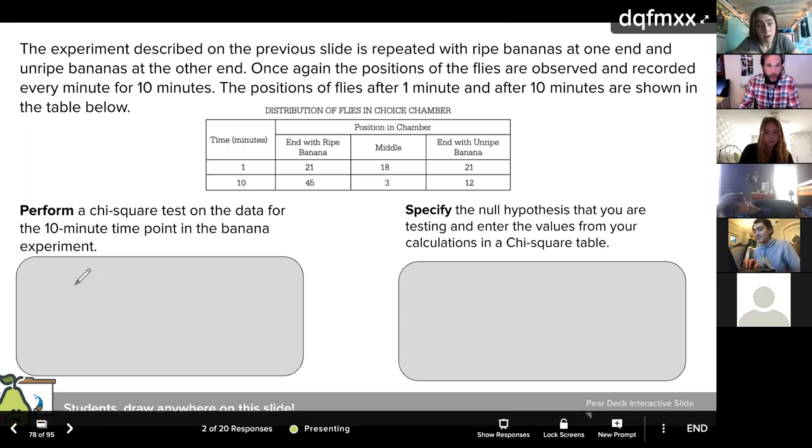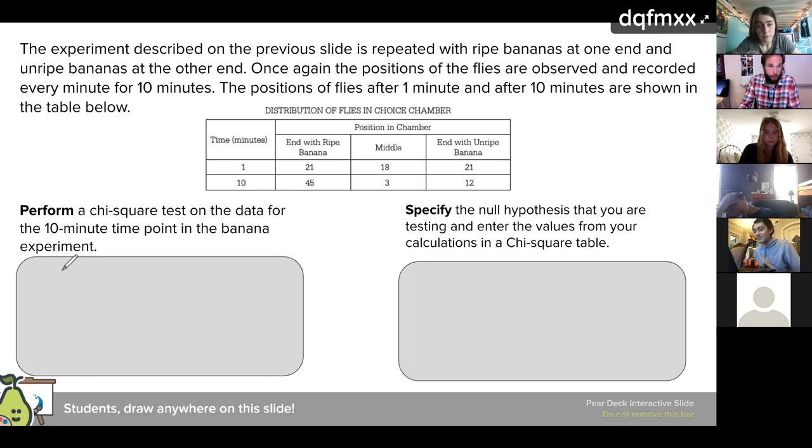It's going to have a few columns: an observed column, and I usually use O for observed; an expected column; an observed minus expected column; an observed minus expected squared column; and finally, an observed minus expected squared divided by the expected column.